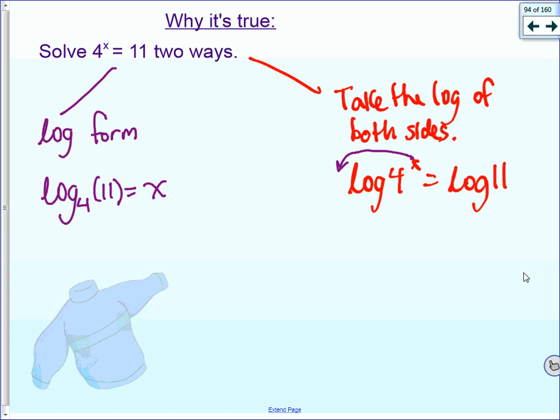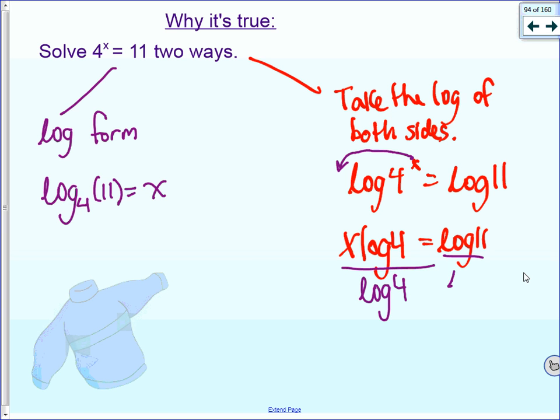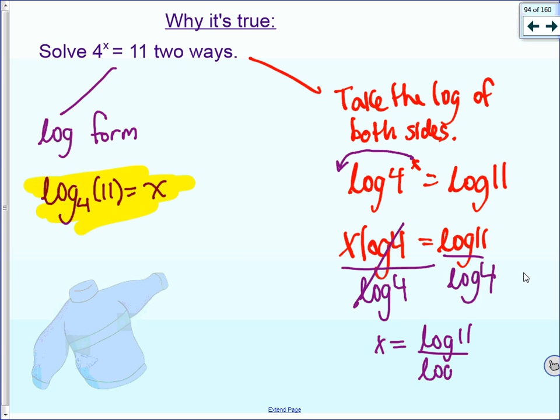So this is equivalent to x log 4 equals log 11. And lo and behold, when we divide both sides by log 4, you get another representation for x. So x equals log base 4 of 11, and x also equals log of 11 over log 4. Proving algebraically that these are the same thing.